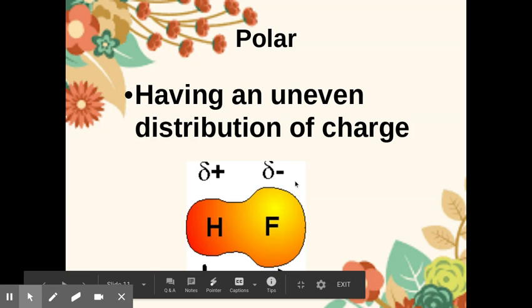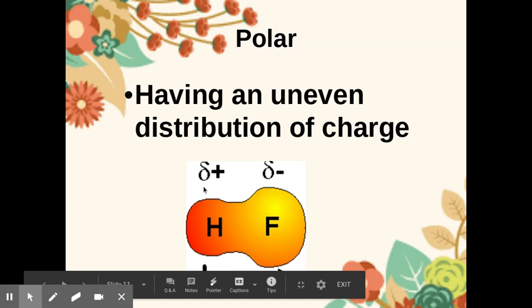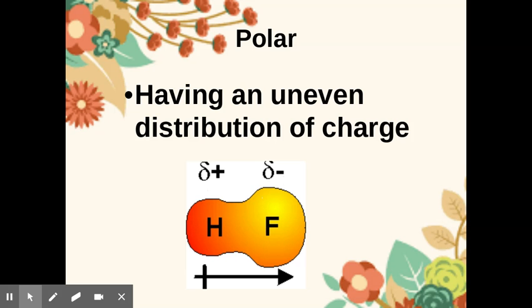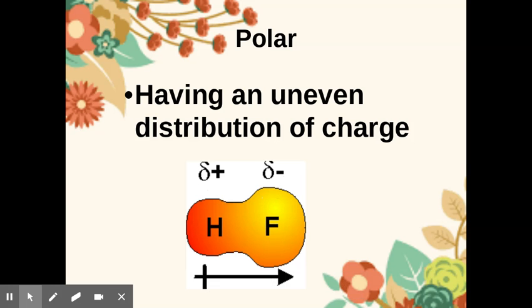So there are slight negative and slight positive ends to that molecule or compound that's formed. Whichever atom is pulling the electrons more closely towards it is going to have a slight negative charge, and the other atom will have a slight positive charge. The element that has the higher electronegativity is the one that pulls the electrons a little bit more towards it.